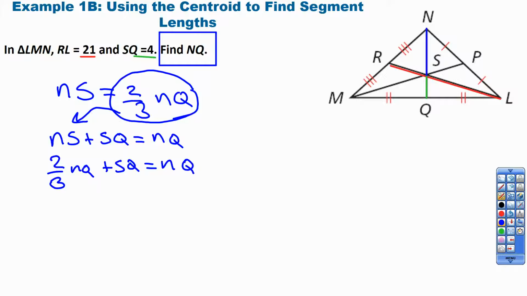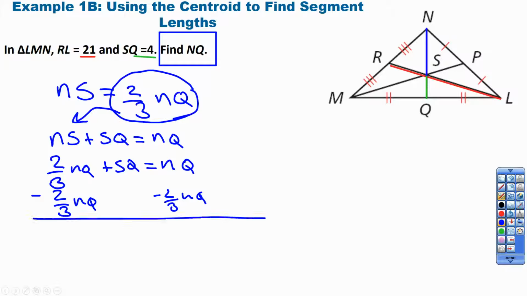What do we have to do to solve for SQ right here? Correct. We minus 2/3 NQ, and we end up with SQ is equal to, what is 1 minus 2/3?